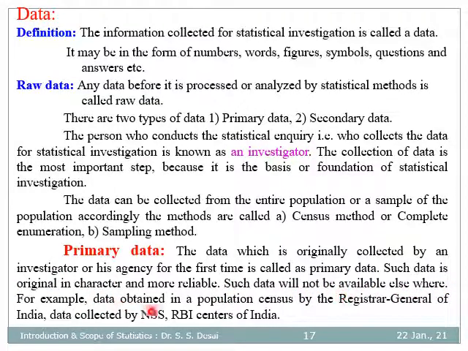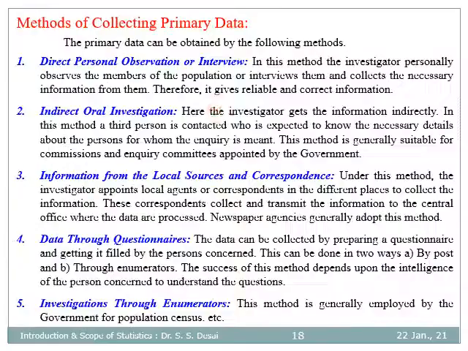For example, the data collected in a population census by the Registrar General of India, data collected by the National Sample Survey, Reserve Bank of India, etc. These are the methods used to collect primary data: direct personal observation or interview, indirect oral investigation, information from local sources and correspondence, data through questionnaires, and investigations through enumeration.